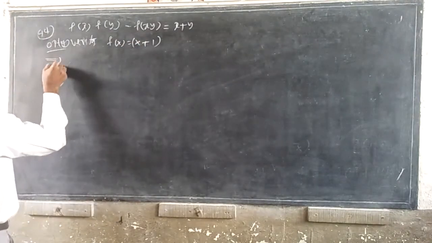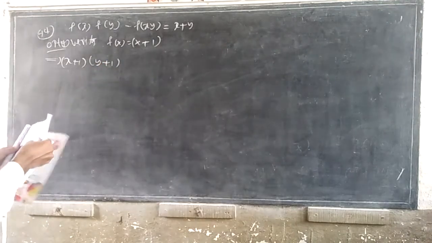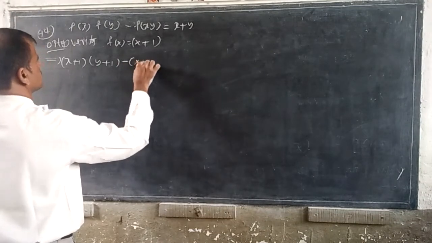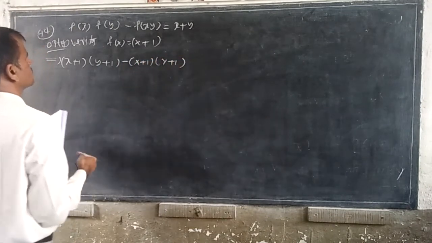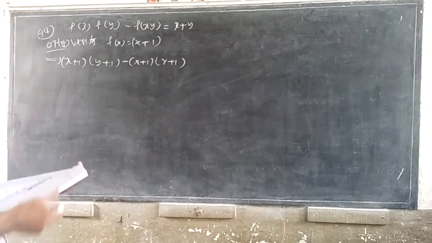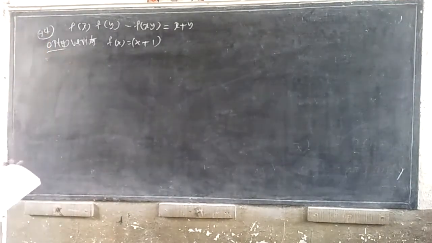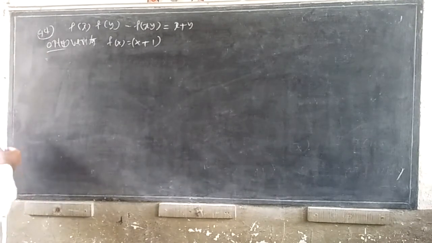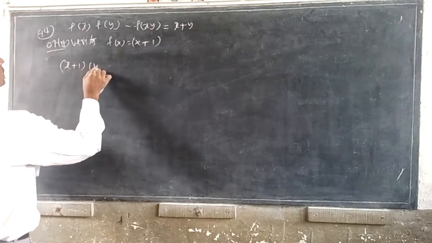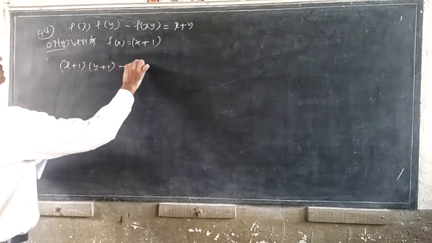So it becomes x plus 1 into y plus 1 minus f of xy. f of x means x plus 1, f of y means y plus 1, so f of xy means xy plus 1.